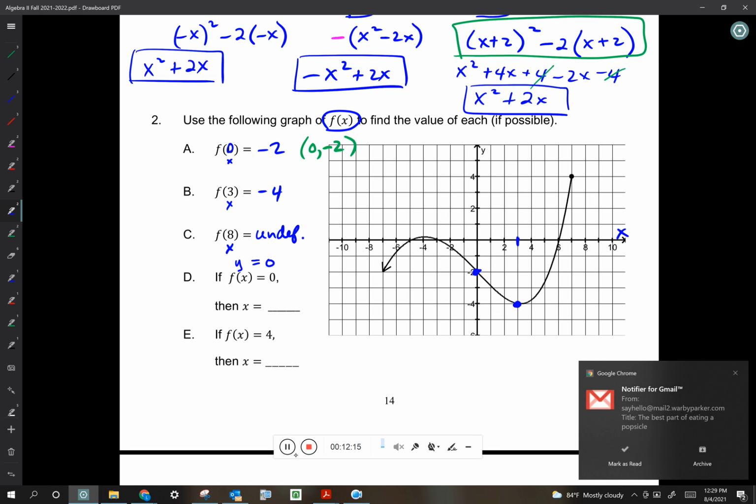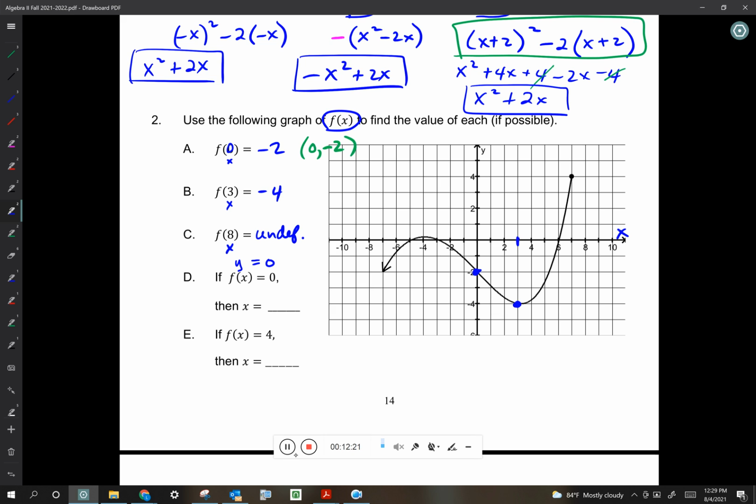And so this is saying if y is 0, meaning if you're on the x-axis, then what is the x value? Well, I see several times the graph hits the x-axis here and here and here. So I think there are 3 x values, -5, -3, and 6, at which the y value is 0.